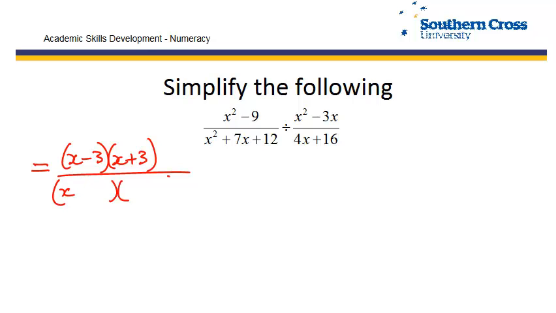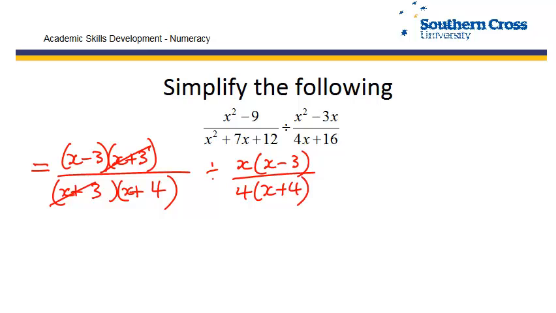We have a trinomial on the bottom, which will be x, 3 and 4 add to 7 multiply to 12, so 3 and 4, and they're both going to be add. So straight away that helps us. Dividing by, we have a common factor of x outside of x take 3 over 4 outside of x plus 4. There's nothing there that will cancel yet.